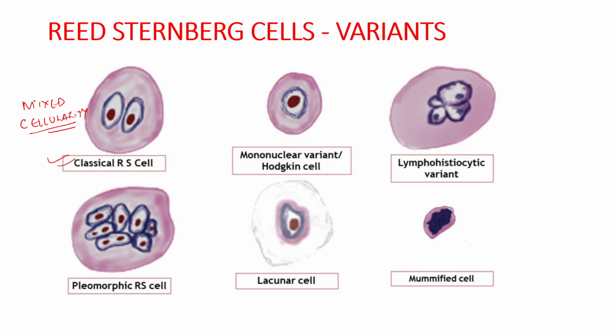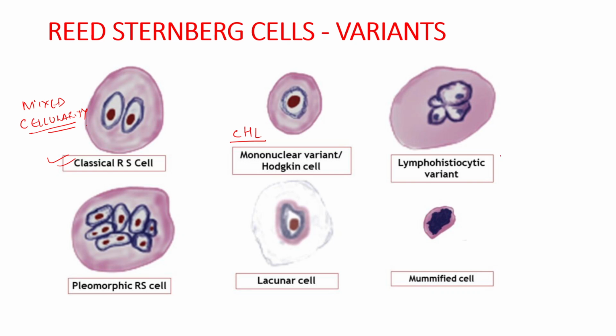Then we have the mononuclear variant, which is also known as Hodgkin cell. It has a single large round nucleus with a large central nucleolus, and it can be seen in any type of classic Hodgkin's lymphoma. Then we have the lymphohistiocytic variant. It has abundant pale cytoplasm with a popcorn shaped nucleus.